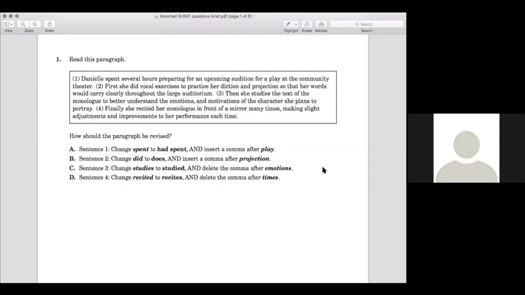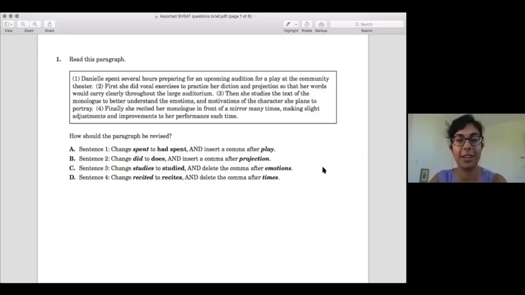Then she studies the text of the monologue to better understand the emotions and motivations of the characters. Then she plans to portray. Finally, she recites the monologue in front of a mirror many times, making slight adjustments and improvements to her performance each time. Awesome. Thank you so much.